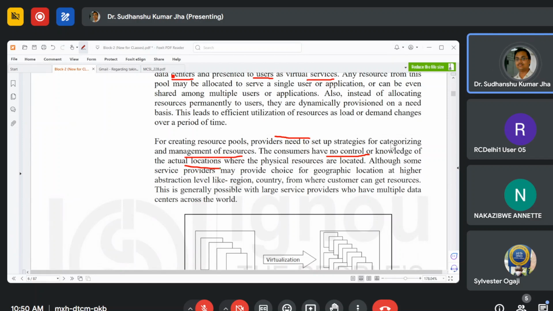You will never know about that. So the location of the physical resources is not clear to the user. You will get only those resources.